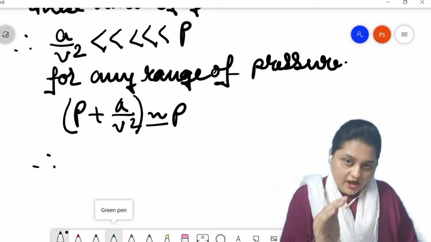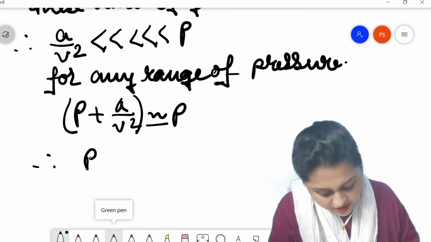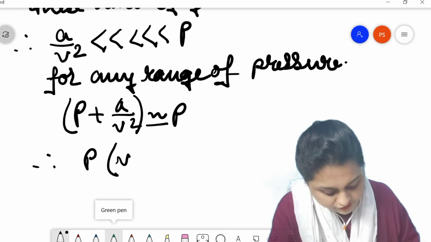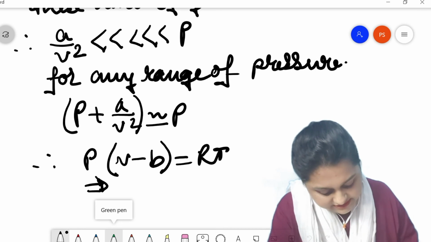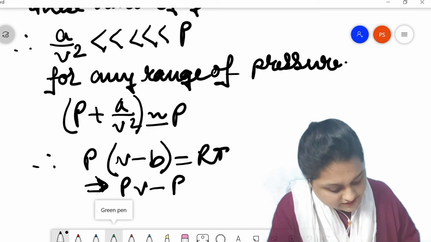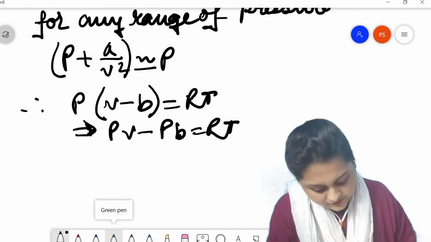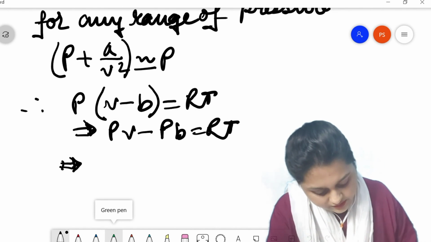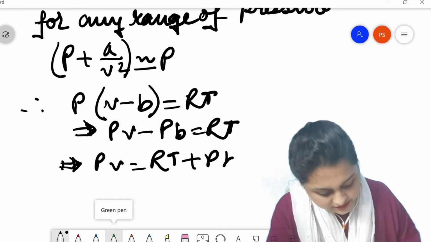So for hydrogen and helium gas, the van der Waals equation becomes P whole into V minus B equals to RT, which results in PV minus PB equals to RT, or PV equals to RT plus PB.